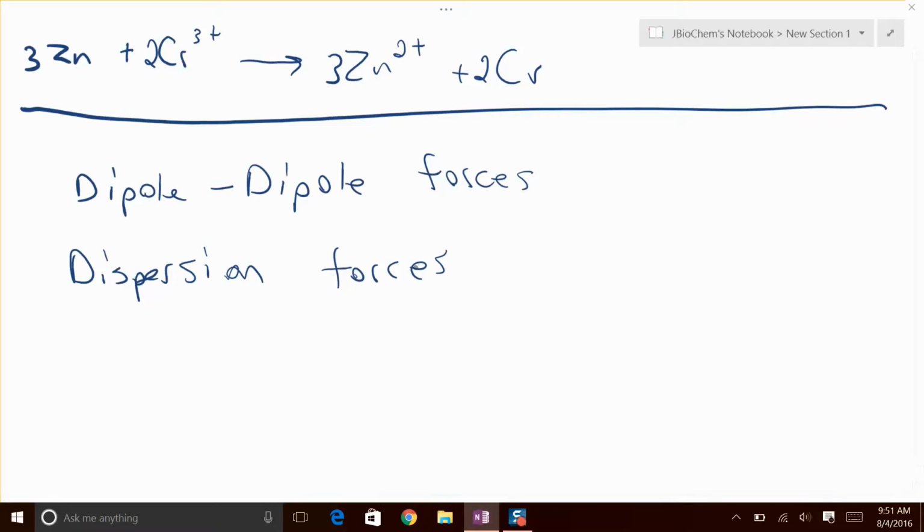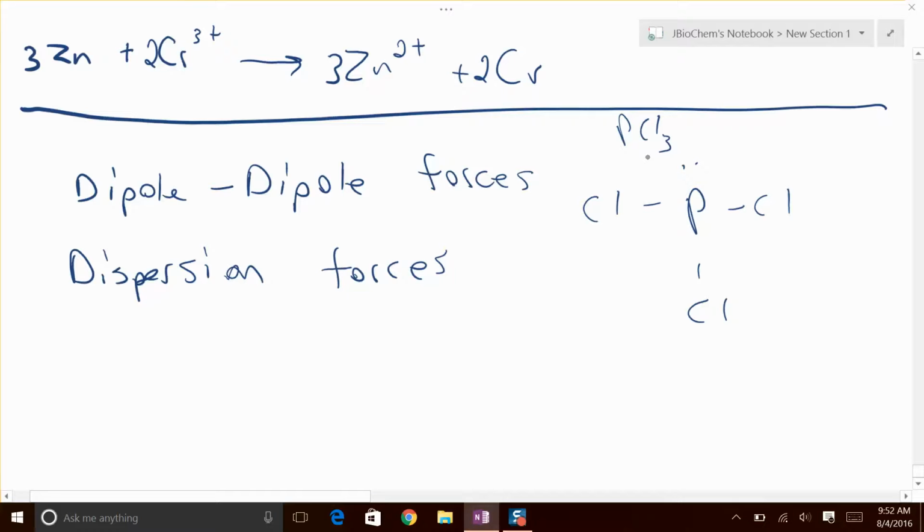If I give you a compound, I wouldn't draw it out for you like that. That's nice of me. But if I said PCl3, what types of forces does it have? It's polar. How do I know it's polar? Yes, everything has dispersion forces. So it has dipole and dispersion forces.